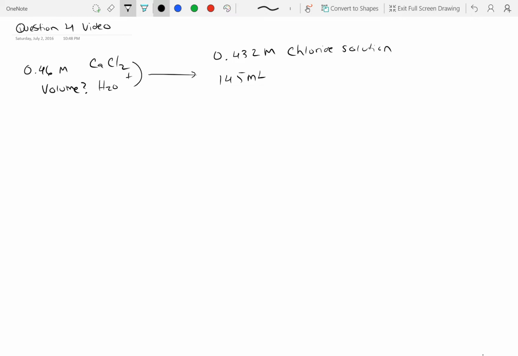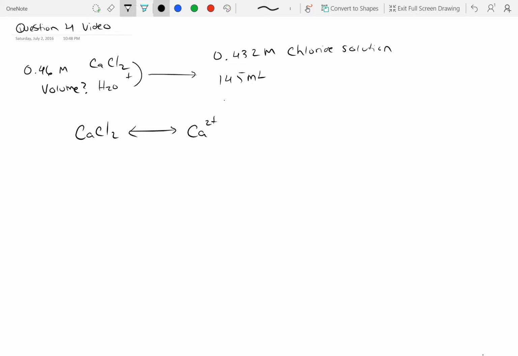So basically what's going on is we have calcium chloride, we're adding water, and it's breaking up into its ions because that's what they do when you mix it with water. A good thing to start with would be to write the dissociation. CaCl2 dissociates to Ca 2+.